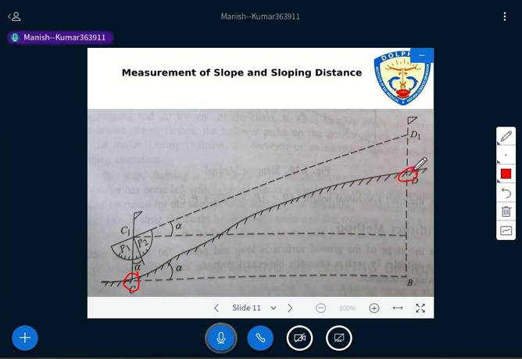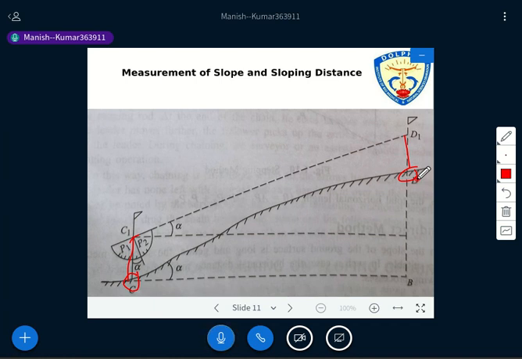Two points on the sloping ground have been taken, C and D. Now we have to fix two ranging rods at these 2 points, and then you need to mark point C1 on the ranging rod fixed at C, and mark one point D1 on the ranging rod fixed at point D.